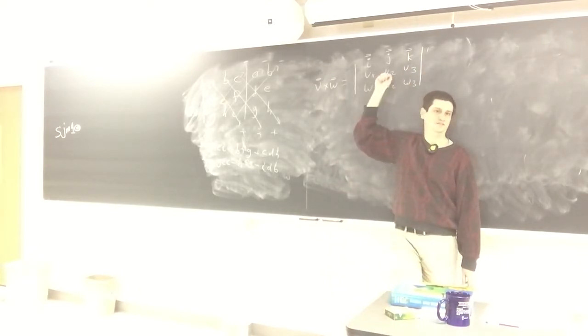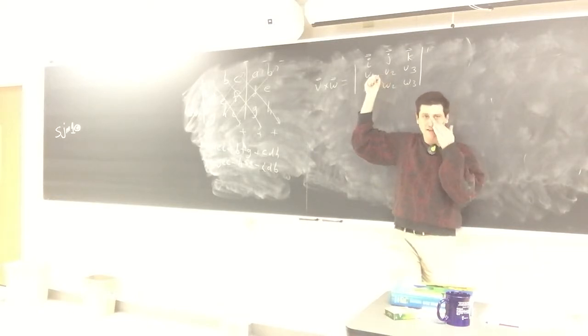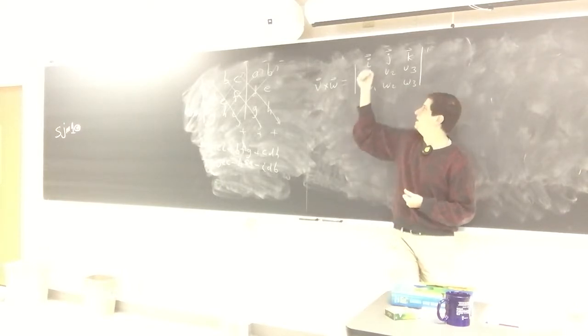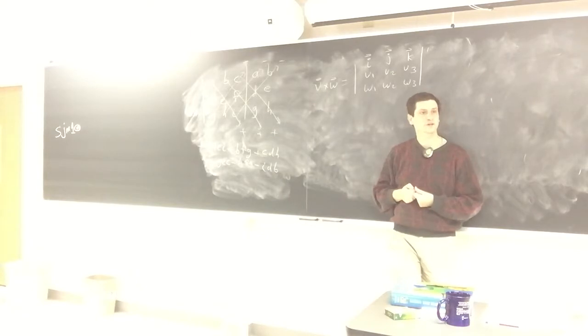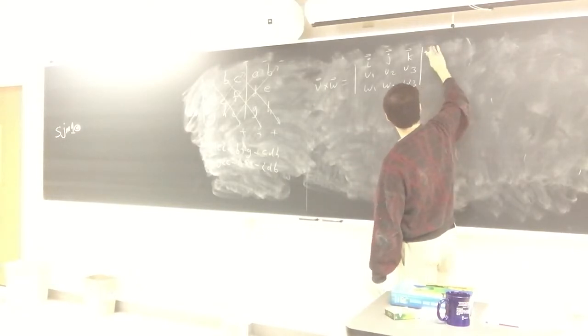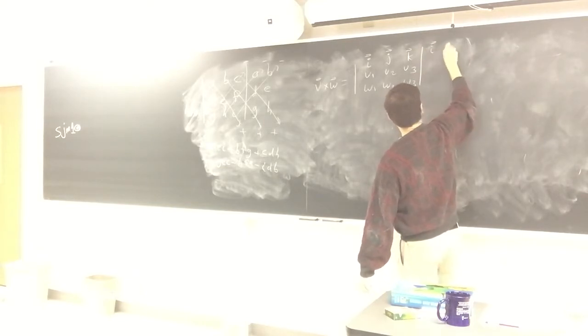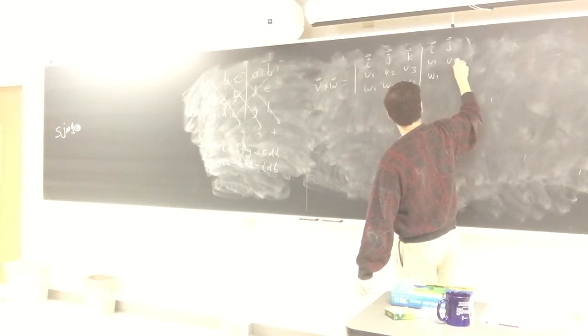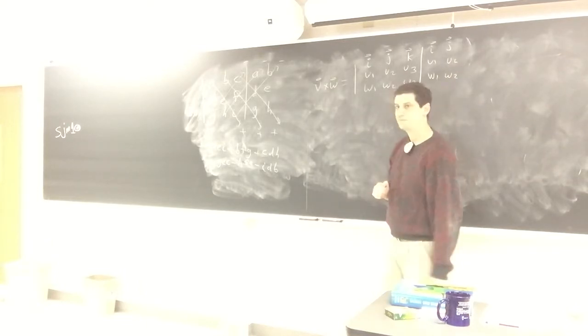This is illegal, right? I have a determinant where some of the entries are numbers and some of the entries are vectors. But it's a good mnemonic. It will lead to the right answer. And then I'm going to replace the vectors i, j, and k with numbers and give you a geometric interpretation for what's going on. So here, let's write, here's i, here's j, here's v1, here's w1, here's v2, and w2.